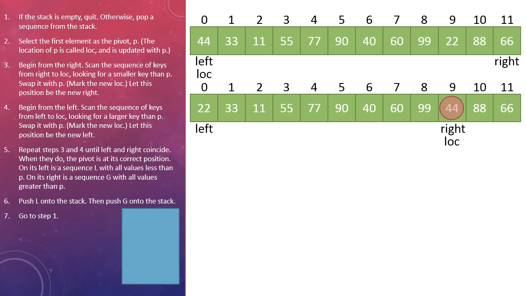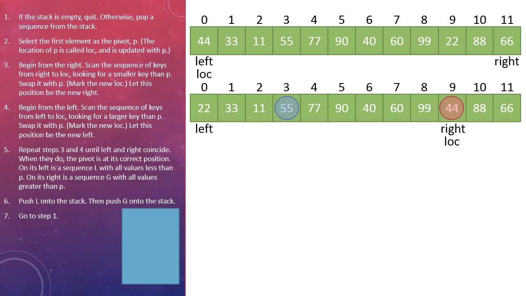Now I will scan from the left, looking for a larger element than 44. 22 is not larger, 33 is not larger, 11 is not larger, but 55 is larger than 44.